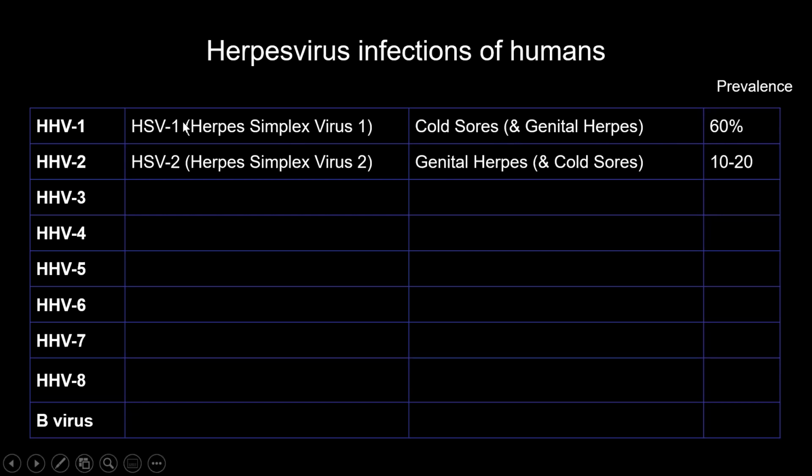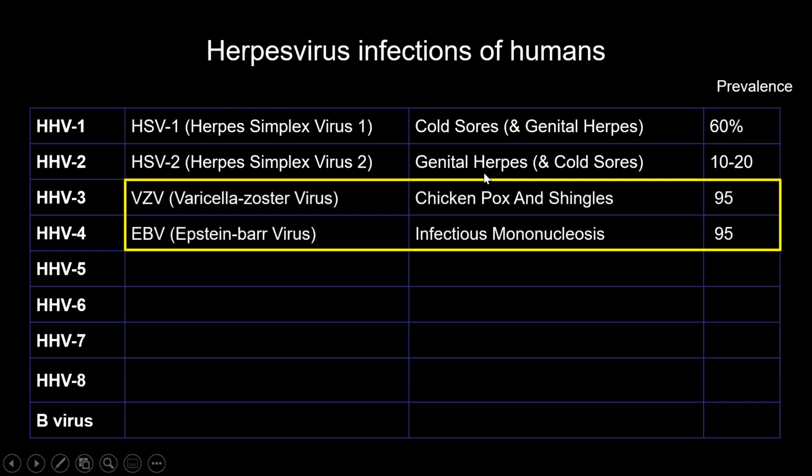So if you have a chance, then you may have one of these herpes viruses. If not, don't worry, there are more herpes viruses. There's a 95% chance that you have been exposed to chickenpox. That's caused by the varicella virus. Or there's a 95% chance by the time you're age 30 that you've had Epstein-Barr virus, that causes mono or infectious mononucleosis.